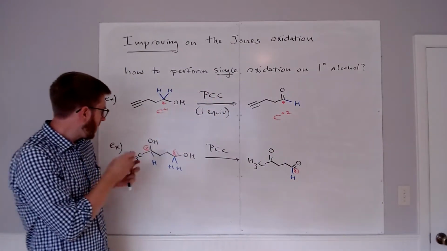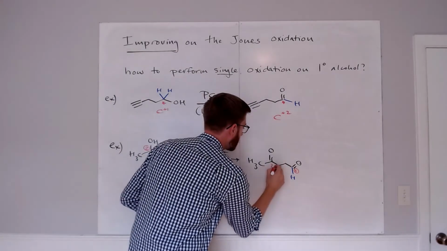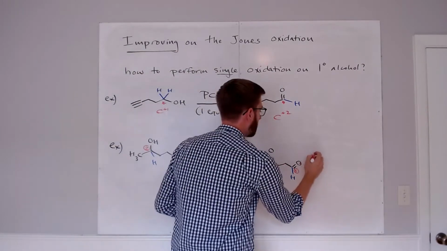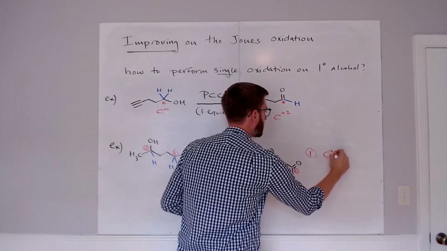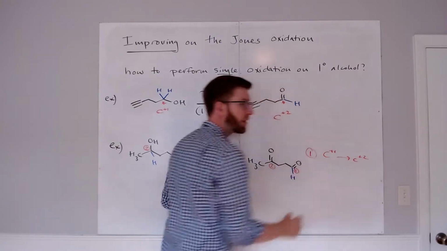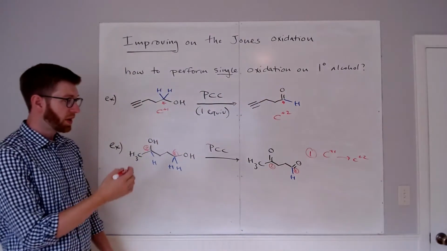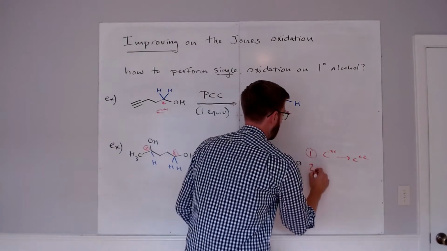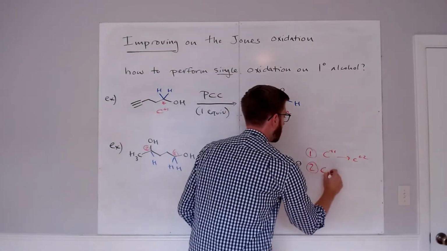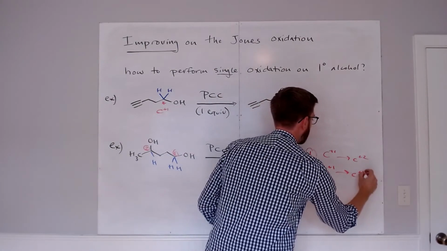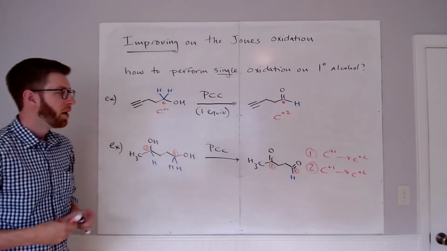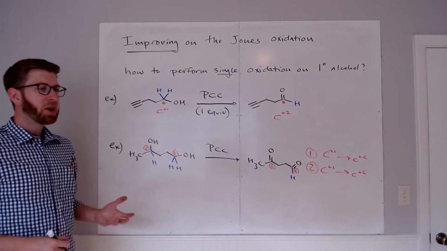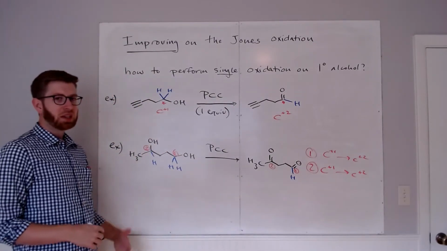Make sure I follow that carbon correctly using my numbering system. So I see that carbon 1 is going from C+1 to C+2. There's our nice single oxidation that we were setting out to try to achieve. And carbon 2, or the secondary carbon, is going from the +1 level also to the +2 level. So the other thing we could think about is how many equivalents of PCC we would need to actually get this to work.